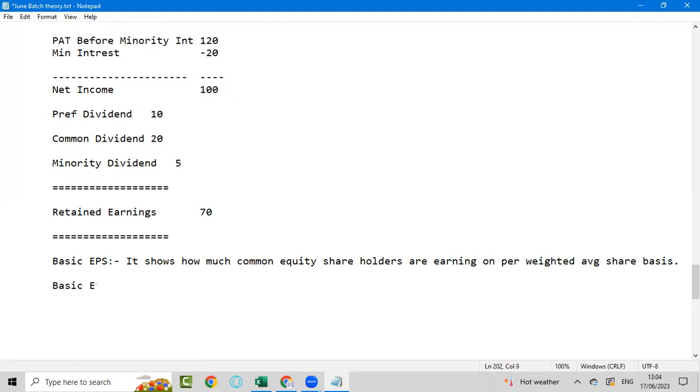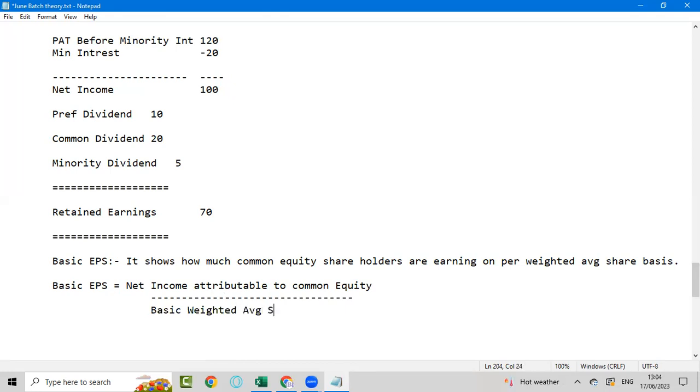So basic EPS is equal to net income attributable to common equity divided by basic weighted average shares outstanding.